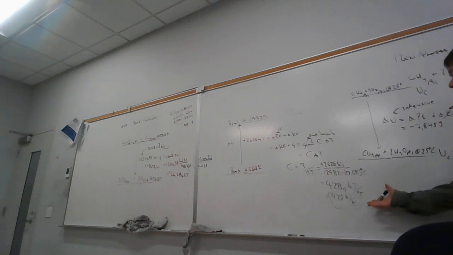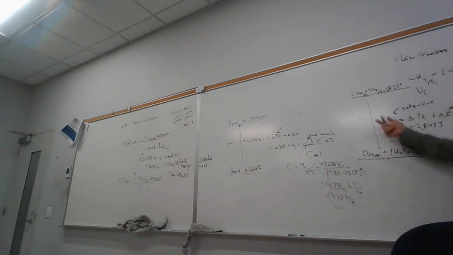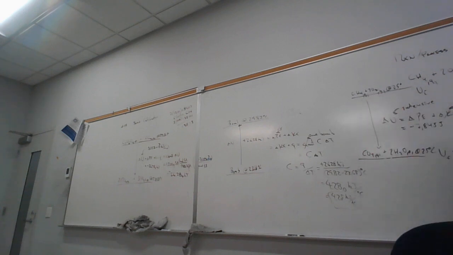So what we do with this is once we get the bomb calibrated, and so we know how much heat's generated, then we'll insert some number of grams of methane, burn it, and see how hot the bomb gets. From how hot the bomb gets, we can figure out how many kilojoules were evolved for that many grams of methane.